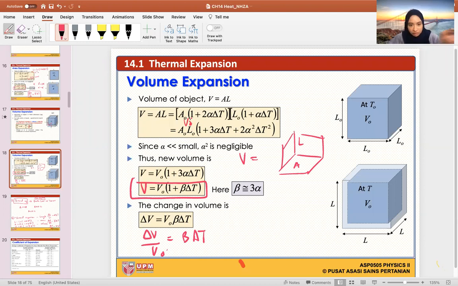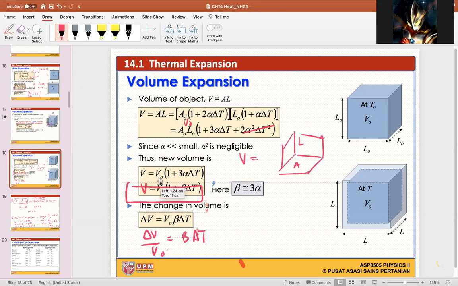A0 times L0 is V0. Okay, and then we know alpha squared becomes super small. So we are going to abandon this because the value is really small. So you can basically ignore it. Now you are left with V0 times 1 plus 3 alpha delta T. Do you understand why the V0 is there? Understood, Doctor. Okay. Thank you, Doctor. Welcome.